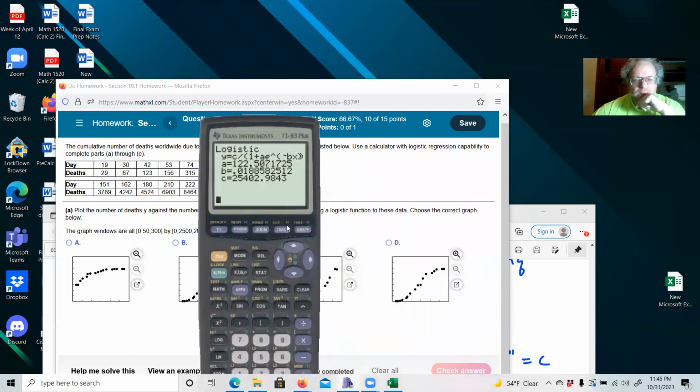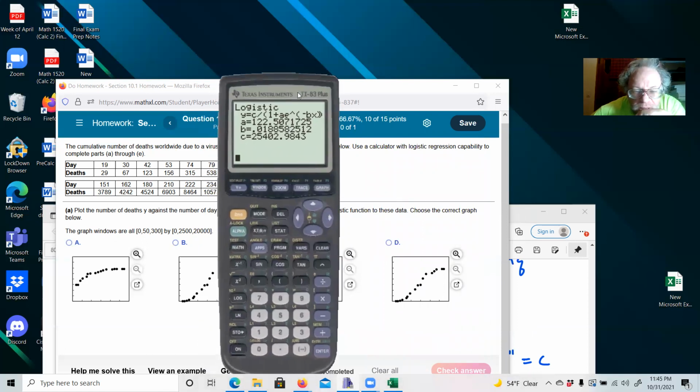Okay. We are going to go back to, if I could read this better. I'd like to graph it. Oh, let's see. Is this stats plot? Is that what that is? There it is. Look at that. Stats plot. List 1, list 2. All right.